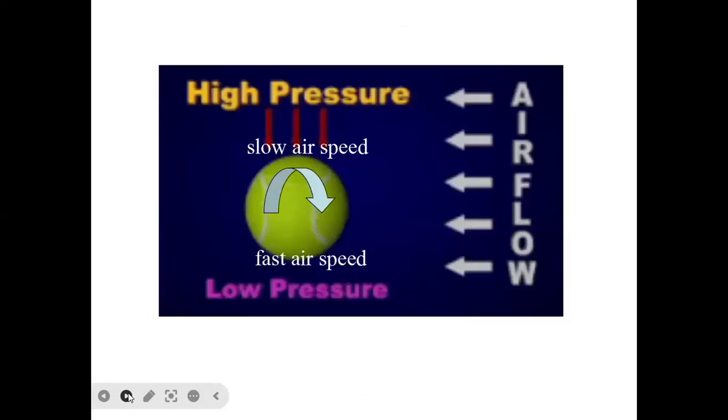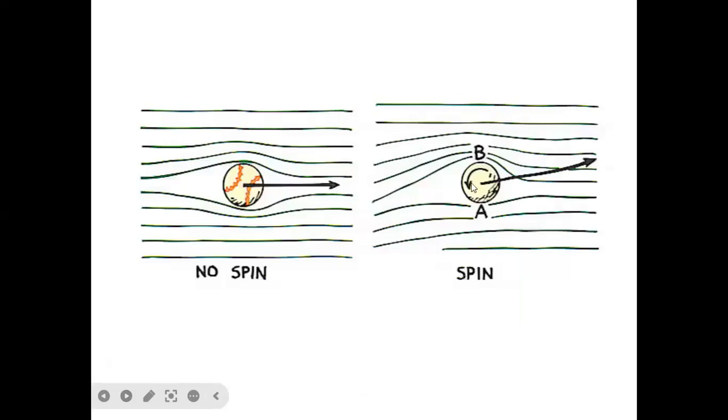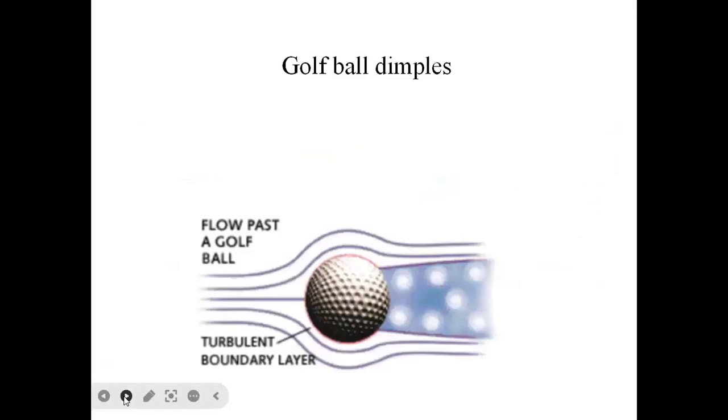This is the fast air speed, slow air speed, low pressure. And a curve ball also acts by using this principle: higher air pressure, flight path, and ball rotation. So lower air pressure. This is no spin, but this will be spin because here pressure is acting and torque also acting.